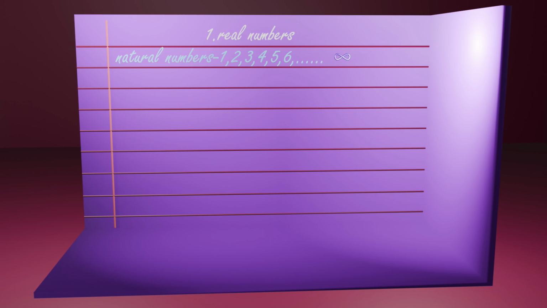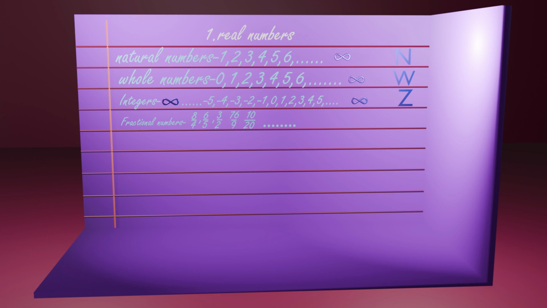Natural numbers start from 1 and go up to infinity, and symbol is capital N. Whole numbers start from 0 and go up to infinity, and symbol is capital W. The group of positive and negative numbers is called integers. The symbol is capital Z. Part of integers are called fractions.